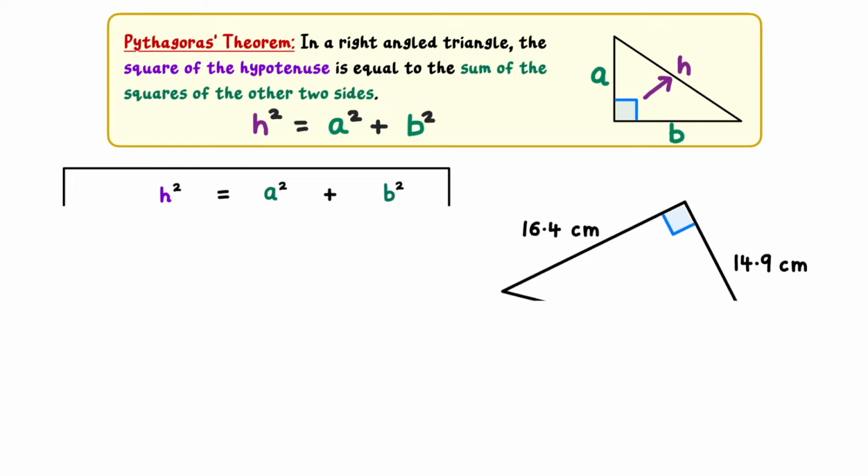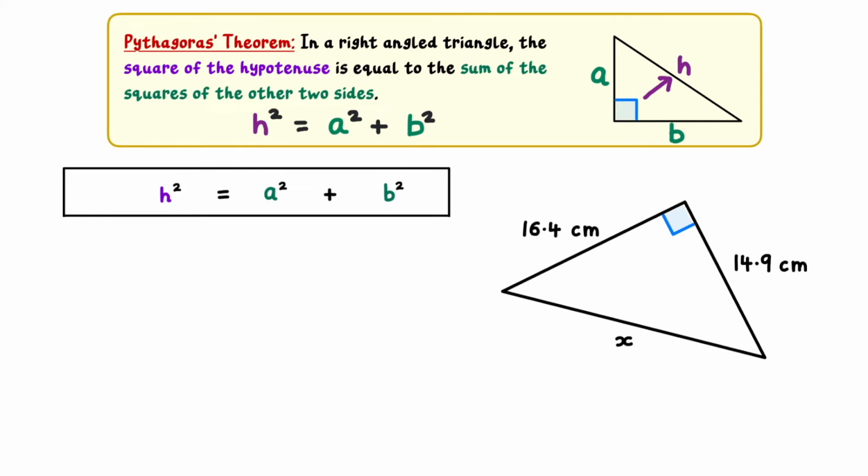Let's take a look at another example. This time the sides are labelled as 16.4 centimeters, 14.9 centimeters, and x. The hypotenuse, h, is located across from the right angle. This corresponds to the x.